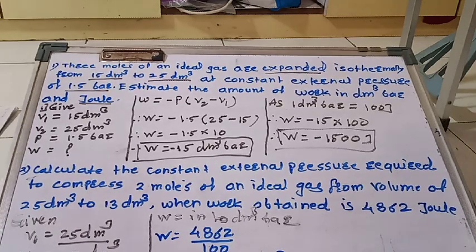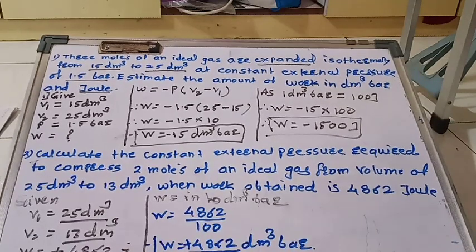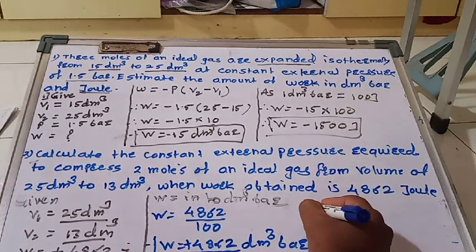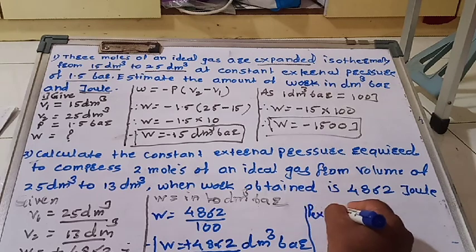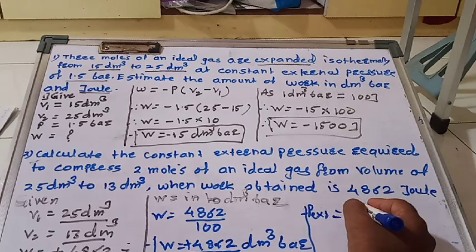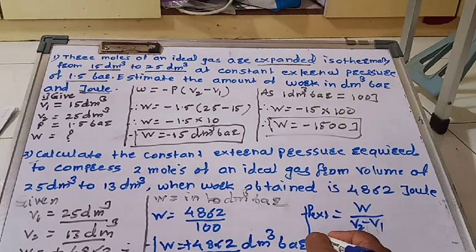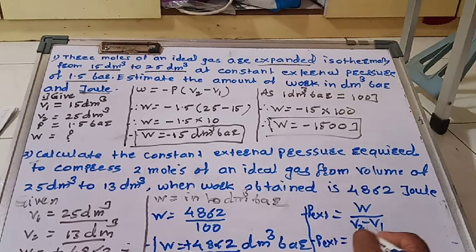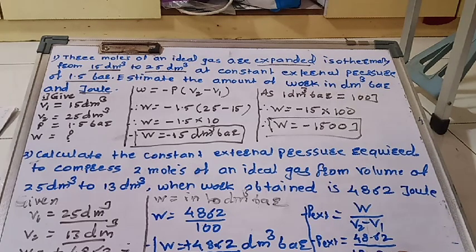So formula is W is minus P external into V2 minus V1. Therefore, P external is equal to W upon V2 minus V1. So minus P external is equal to 48.62 upon 13 minus 25.